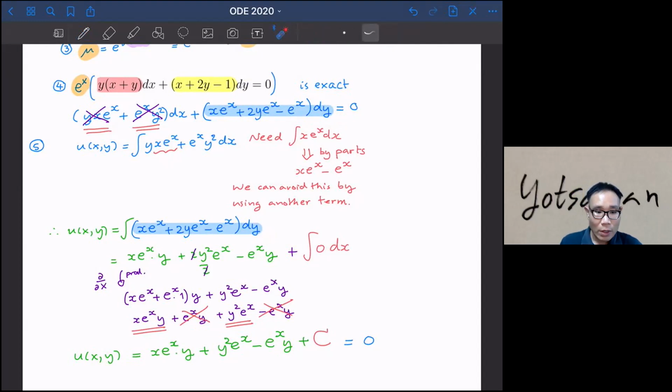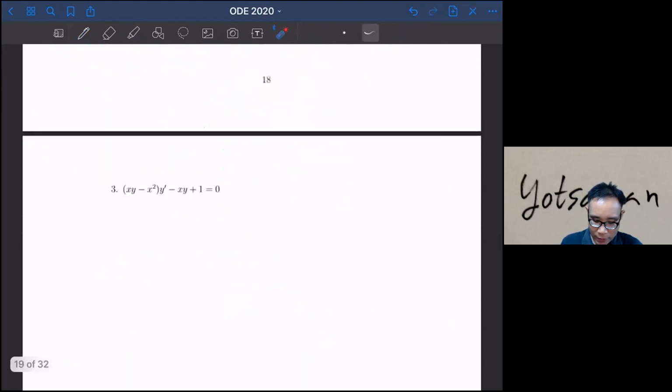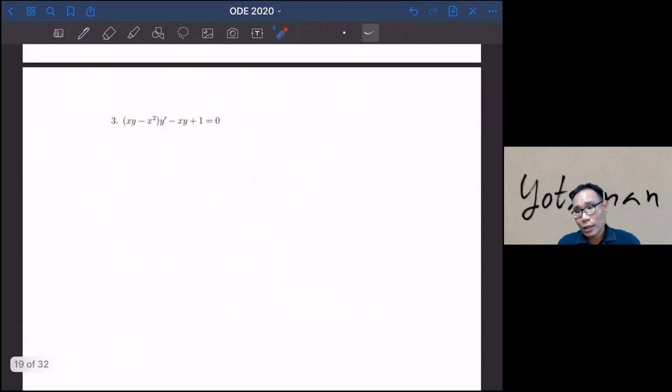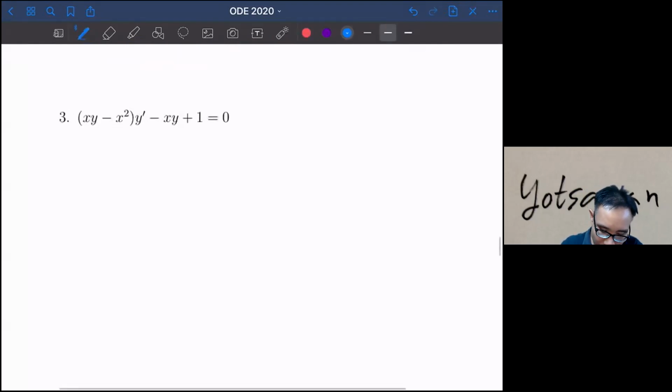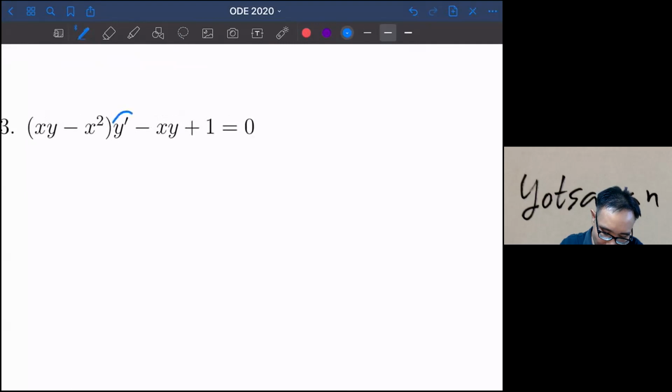So for the next example, it doesn't look like a non-exact equation, or like the usual differential equation that we have seen before. However, if you adjust this a little bit, we learn that this y prime is just dy/dx.